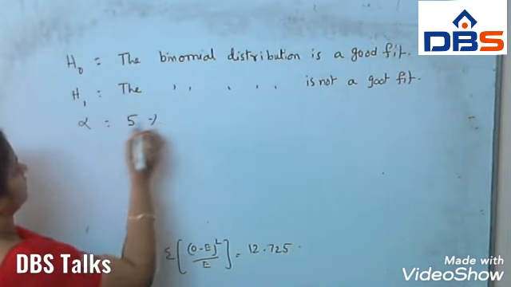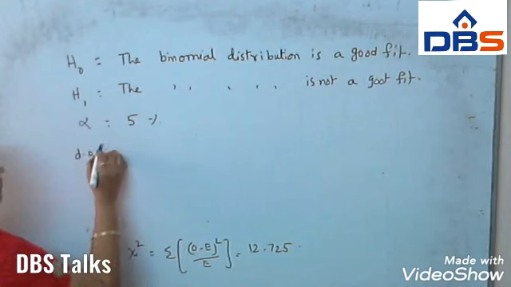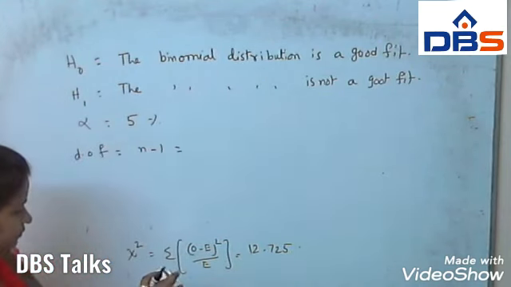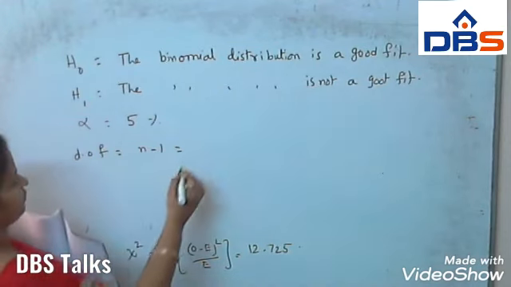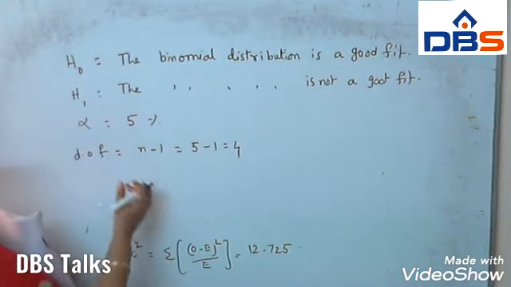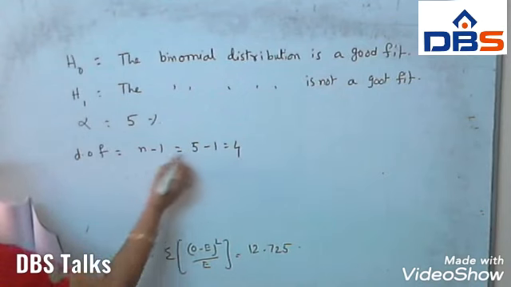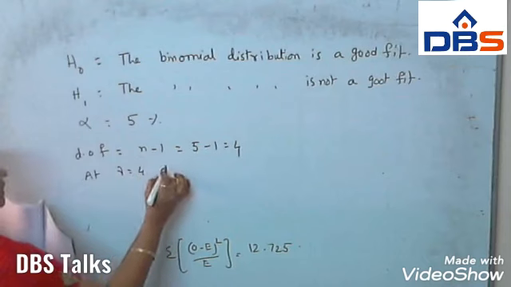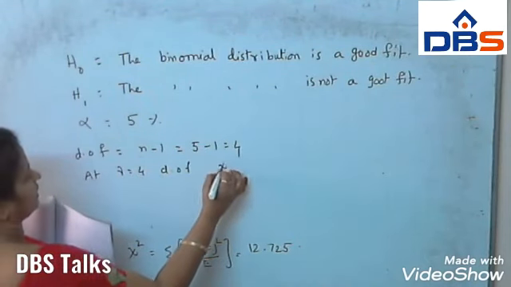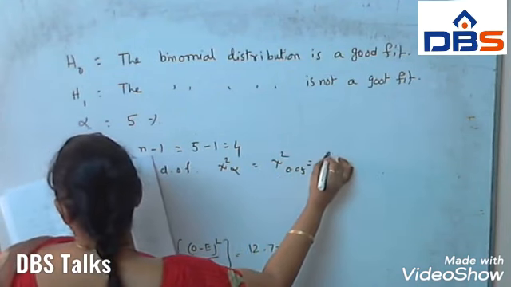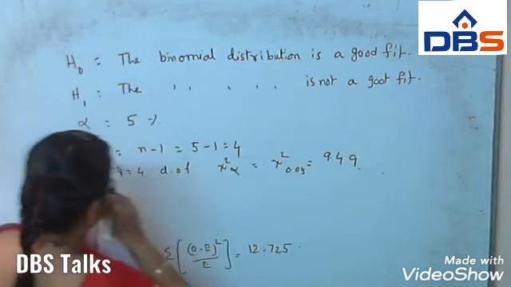Alpha 5%. Degrees of freedom n minus 1. N means 5 values are given: 0, 1, 2, 3, 4. So n minus 1, 5 minus 1, 4. So nu equal to 4 degrees of freedom. Chi square 0.05 equal to 9.49.